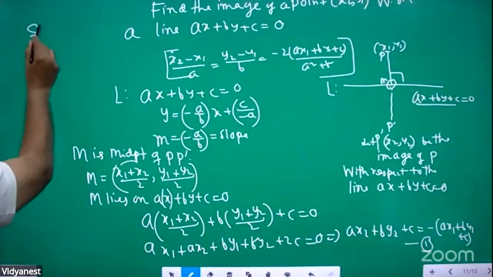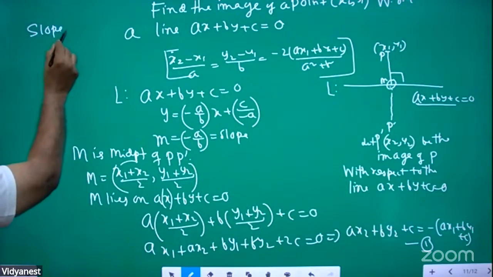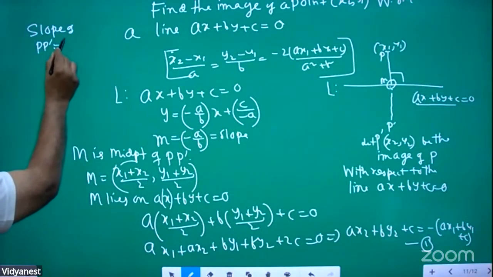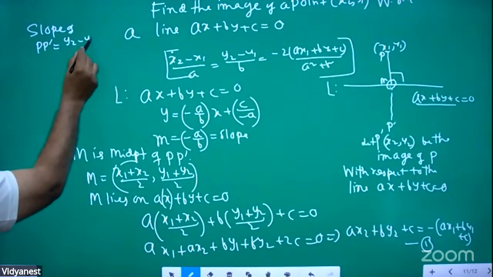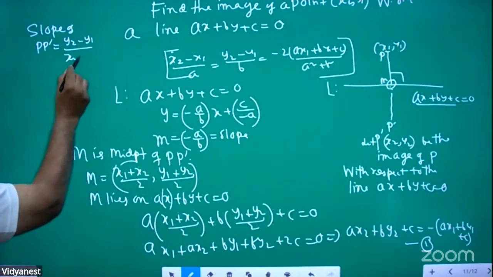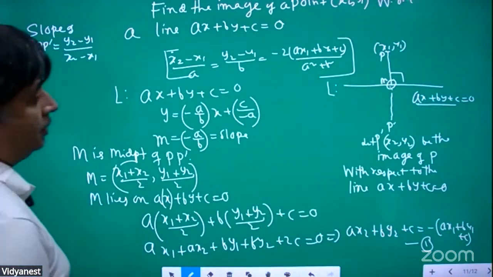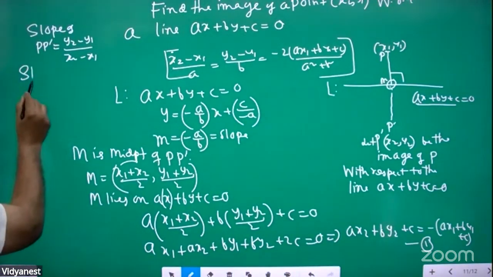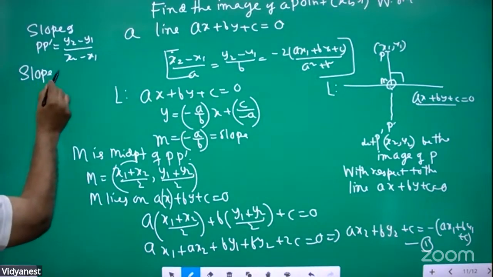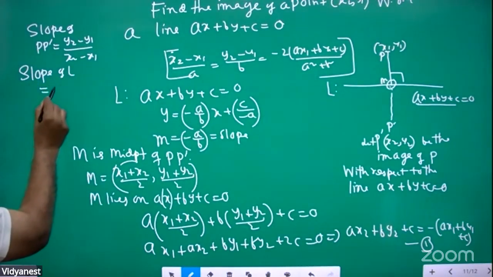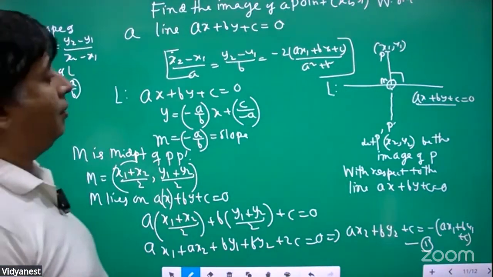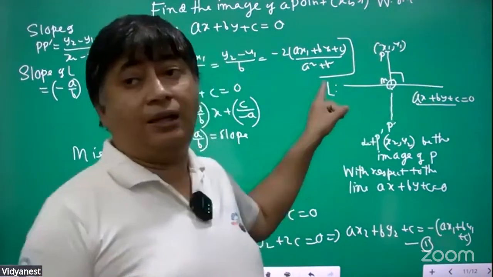Slope of P dash is y2 minus y1 by x2 minus x1. And slope of L is minus a by b.